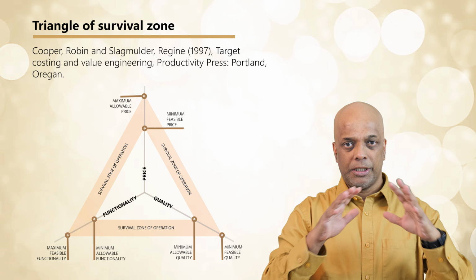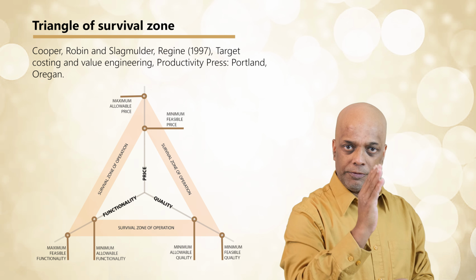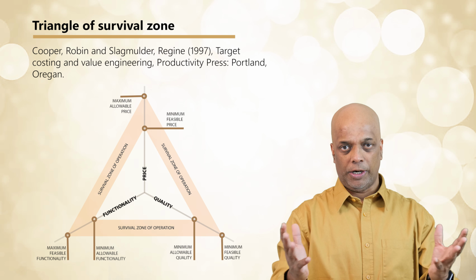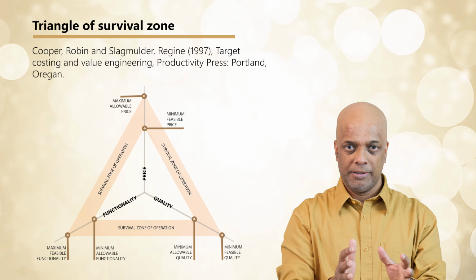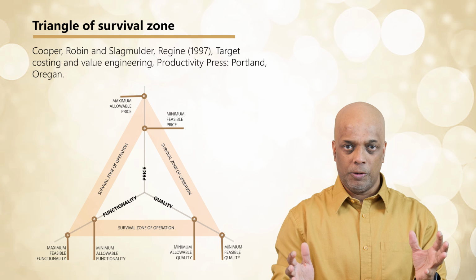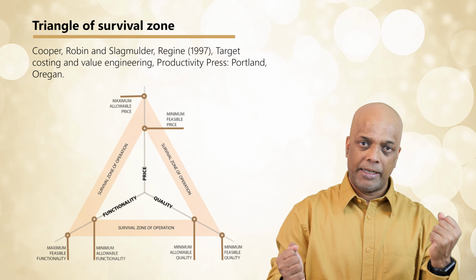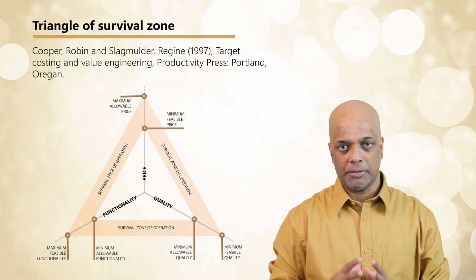Now these three variables are highly interrelated because each of them is defined in relation to the others. For example, you cannot define the price without thinking about the level of quality and the functionality that your product or service offers to the customer.